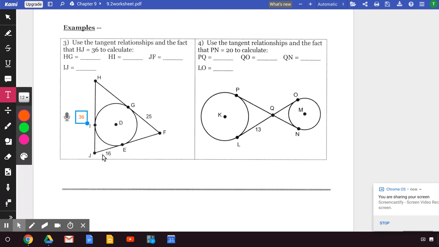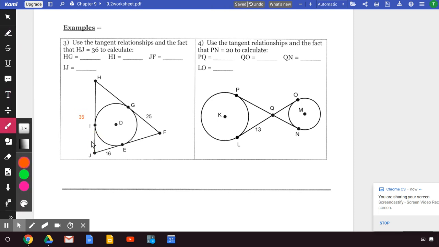So the thing that I do first is I know that J to E is 16, and that means that J to I is also going to be 16. And if G to F or F to G is 25, then F to E also has to be 25.